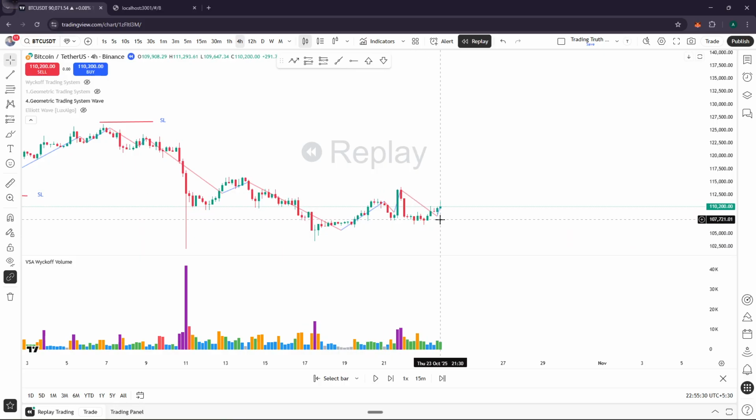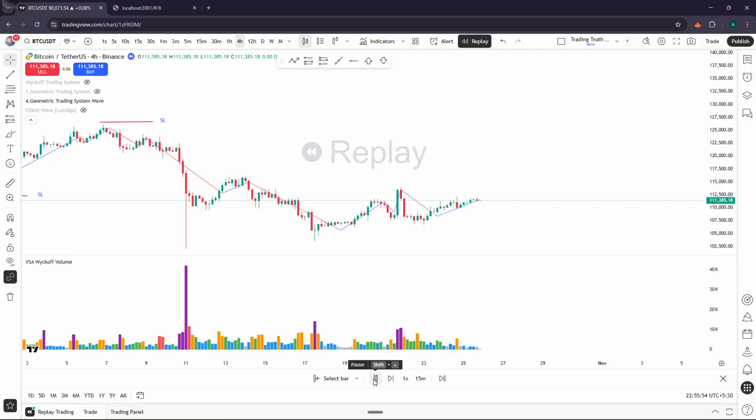So see, as the up wave completes, if we are entering a trade, we put our stop loss there. And let it run. See, after this two candle closes, we can exit the trade, right? So this is how we can use stop loss and let the profit run.